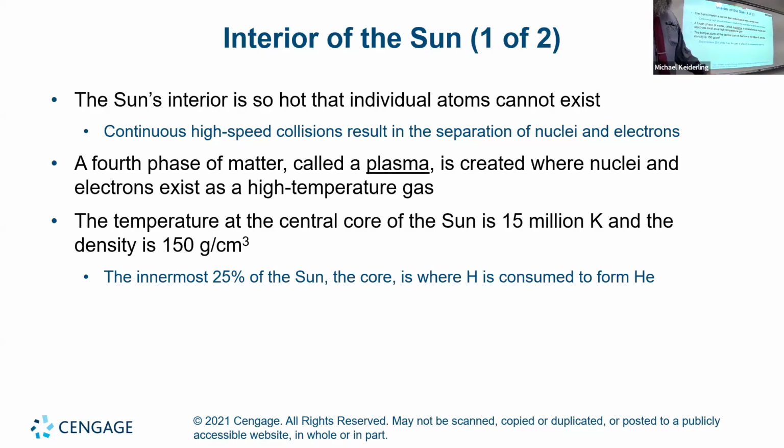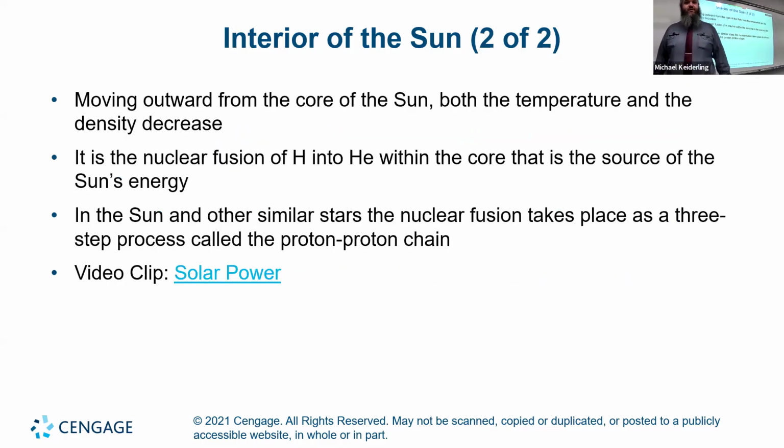As you move outward from the core, both the temperature and the density decrease. It gets less dense and less hot because everything in the center is hot and squished by everything above it.